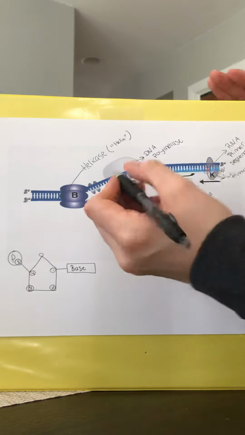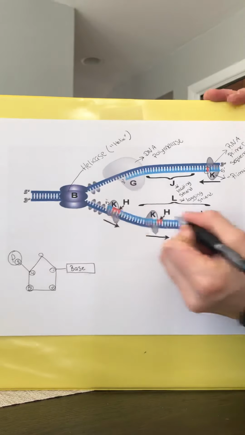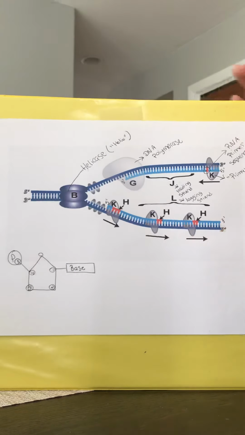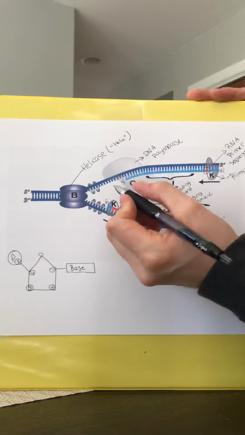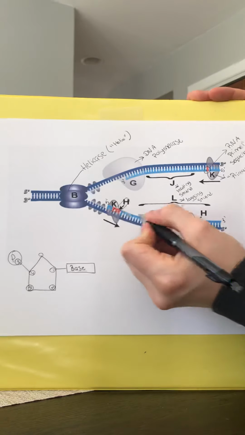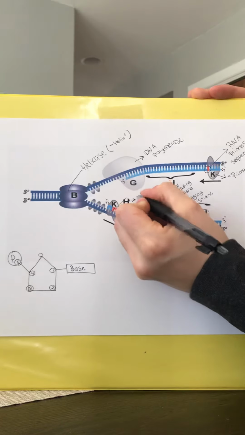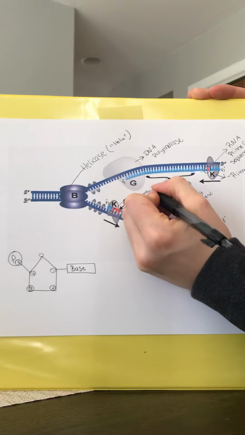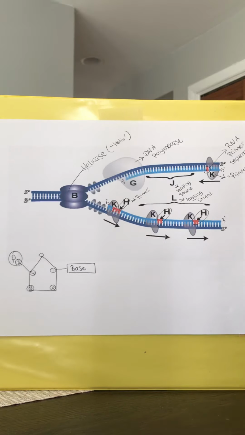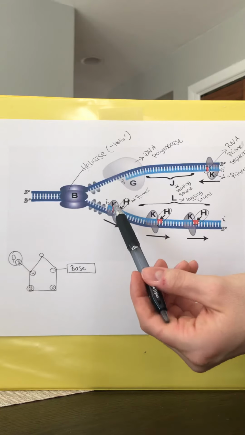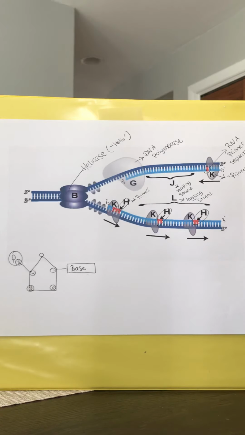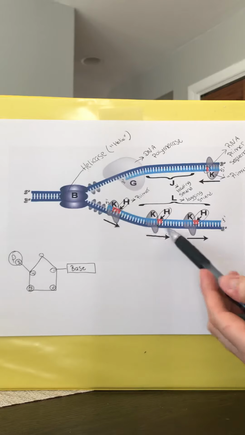Again, it will be made in the 5' to 3' direction, and it's laid down in several fragments. All of these H's right here are the primer sequences, which are laid down by the enzyme primase, which is what K is standing for. And they get laid down in fragments.